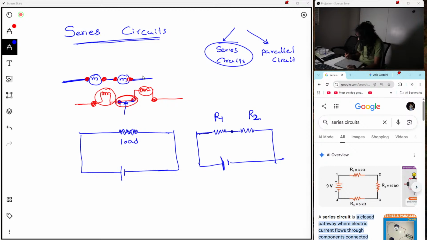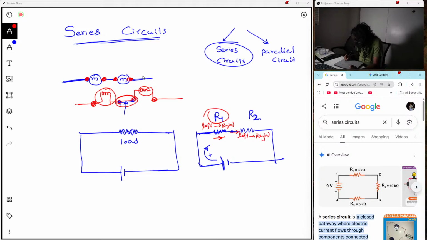Can you see? The current, as you know, flows from the positive terminal like this. That same current will enter this resistor and go through the resistive material, flowing from left to right through R1, and enter the next resistor again from left to right.